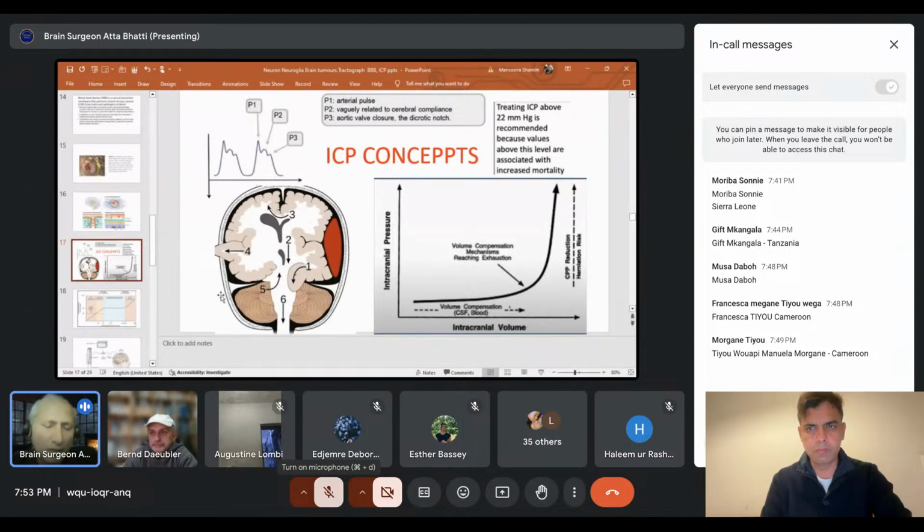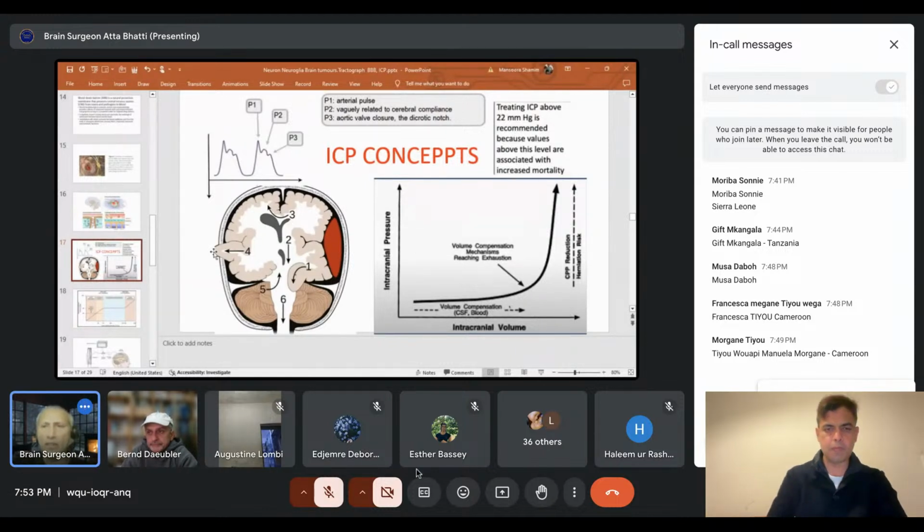According to the Monro-Kellie doctrine, any additional new thing like hematoma, brain edema, or neoplastic activity initially manifests as compensation by the other components. Here you see the brain squeezing in to accommodate this fluid, but there is a limit.